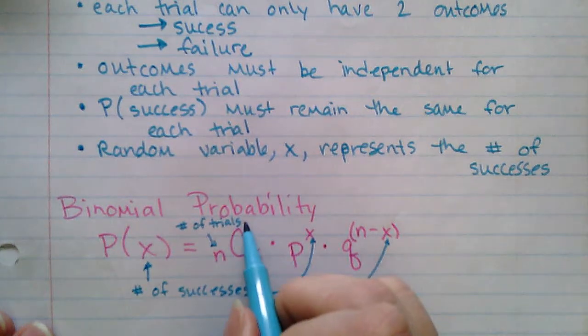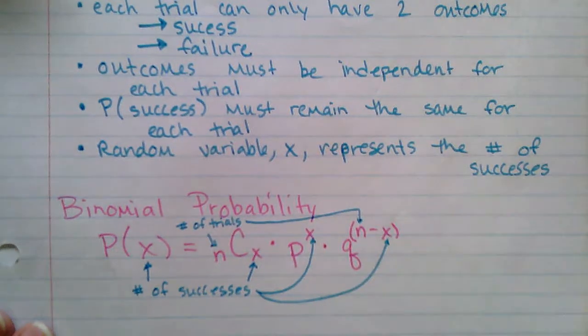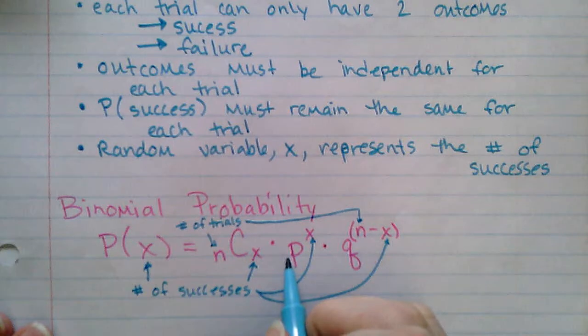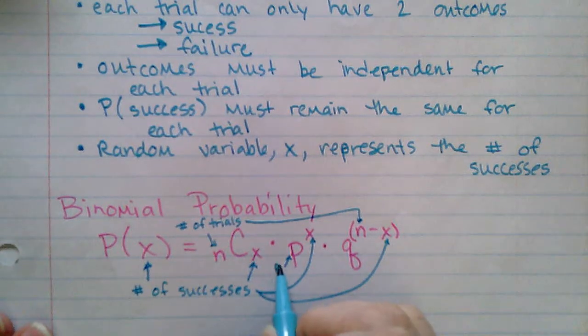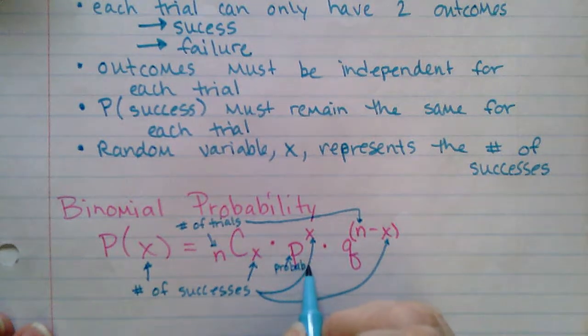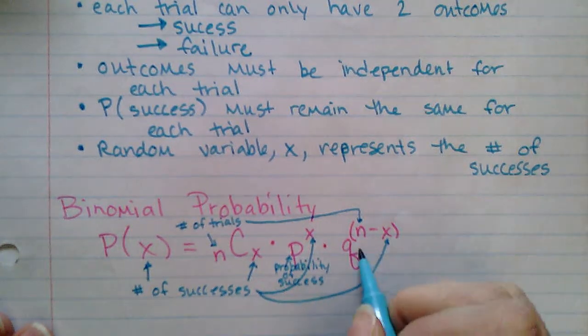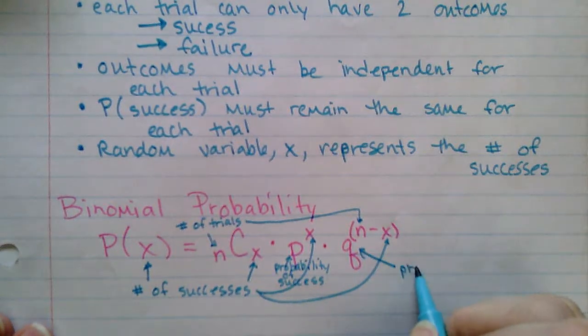So n is the number of trials here and the number of trials there. p is the probability of success. q is the probability of failure.